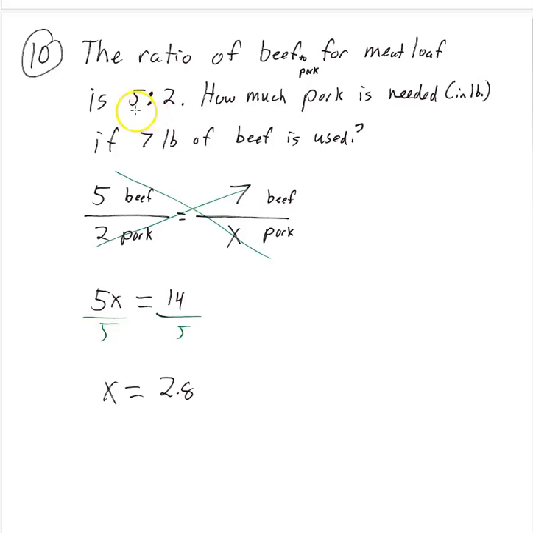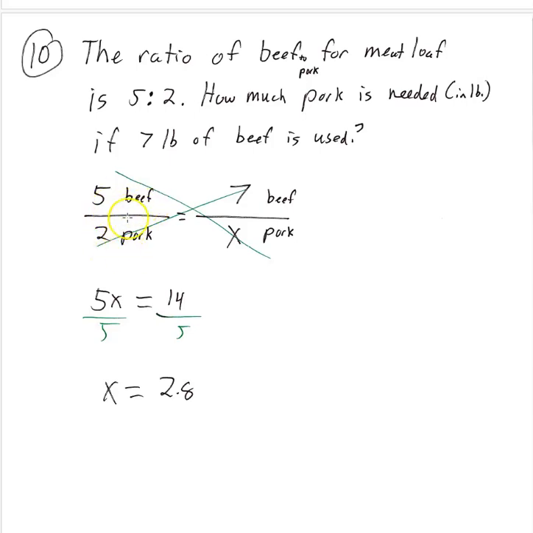So, it's anything. If I had 5, let's say I'm making a small meatloaf, 5 ounces of beef to 2 ounces of pork. Let's say I'm making it for a party. 5 pounds of beef to 2 pounds of pork. So that's the ratio, and it's 5 over 2.